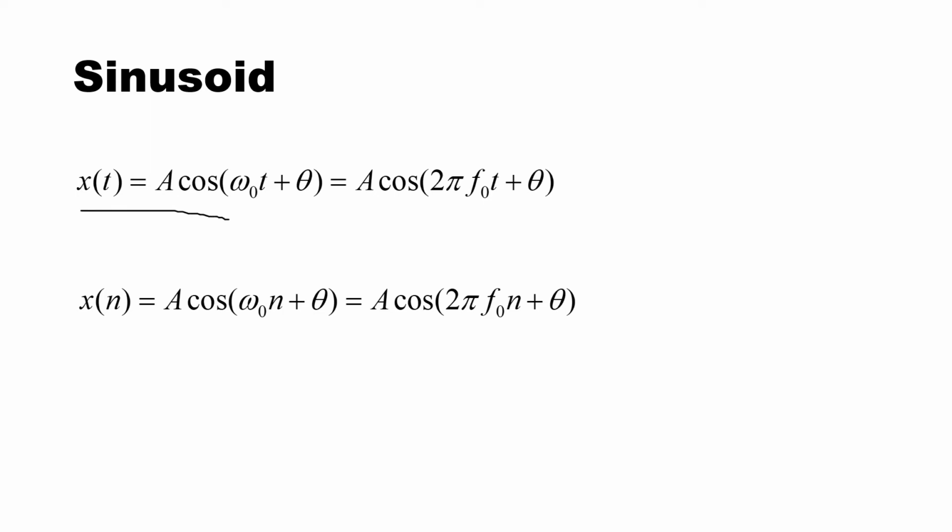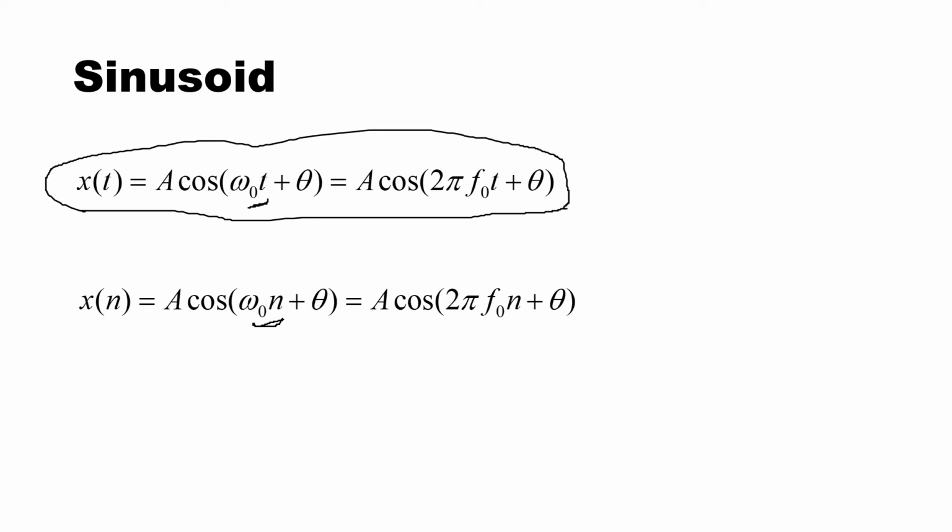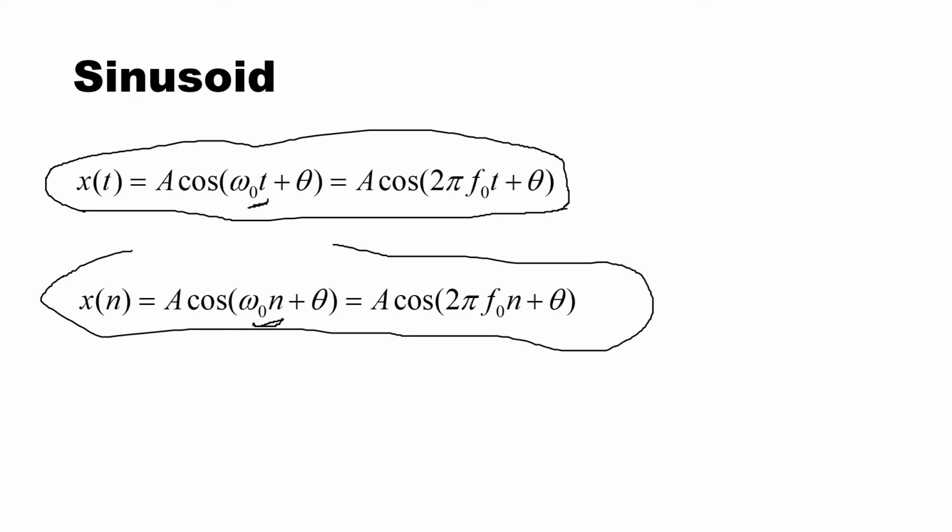Okay, the next signal is the sinusoidal signal. Again, at the top we can see the cos wave in continuous time, and we can see the cos wave here in discrete time. t stands for continuous time and n stands for the sample number. So you cannot see much difference in the equations here at the top and here at the bottom.